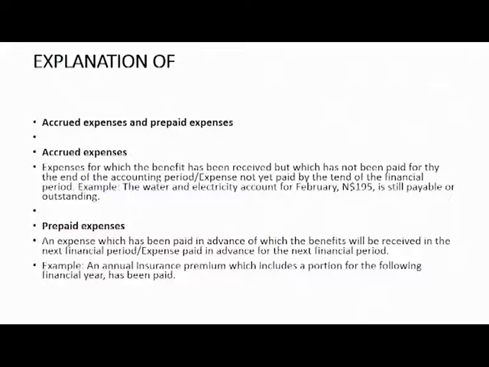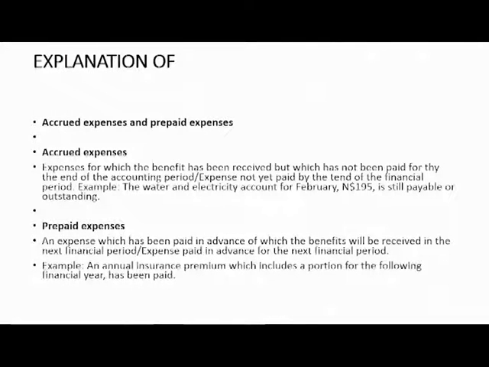For example, in 2020, where we are now, we still have outstanding water bills for 2019. That is a liability because we are owing the municipality. So that is an accrued expense. So what we need to do is add it to our water and electricity bill for this current year so that we can pay it off, so that we won't have these debts anymore.